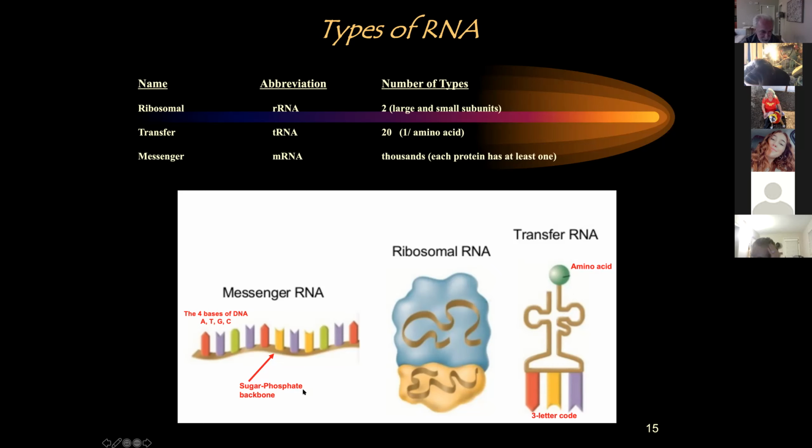Now, on the left is a messenger RNA showing the sugar phosphate backbone and the 4 bases, A, T, G, and C, lined up. So this would be a messenger RNA with all the bases lined up there.